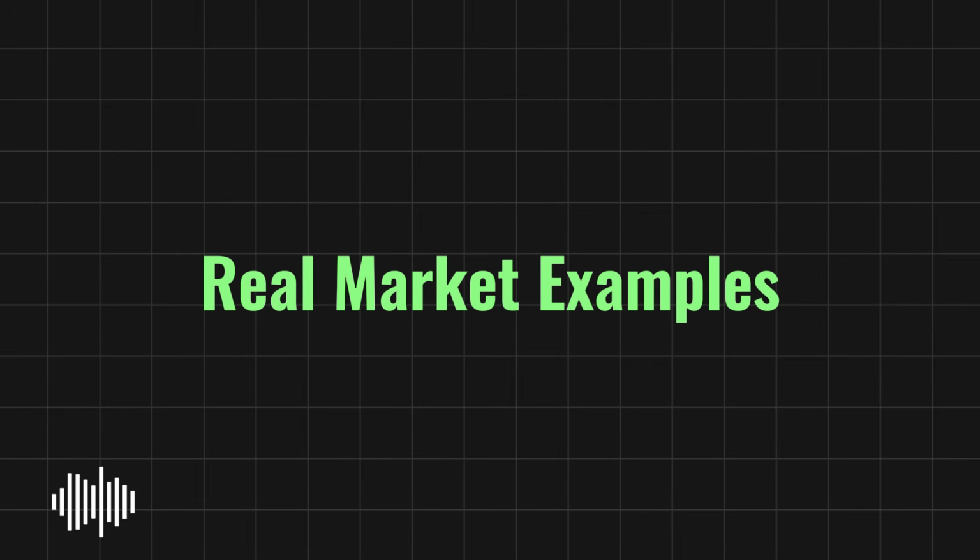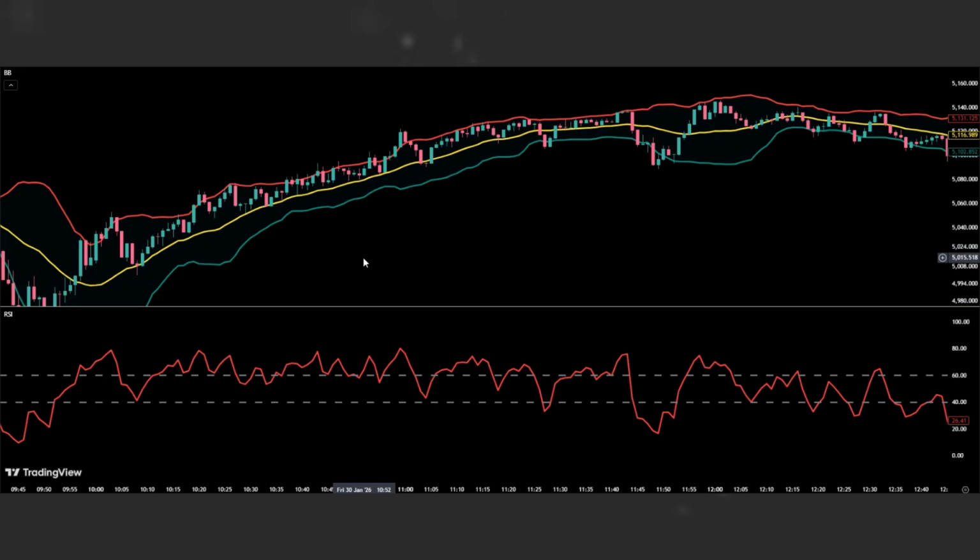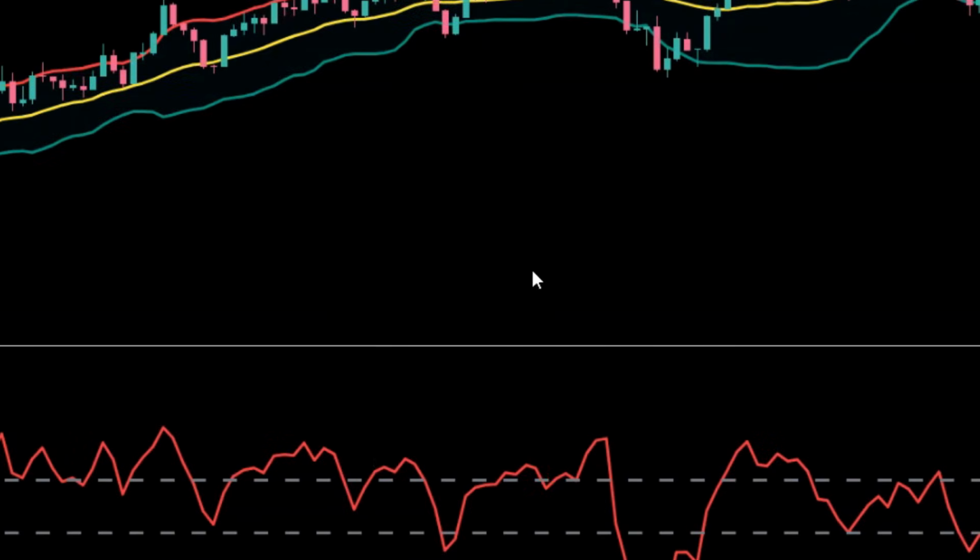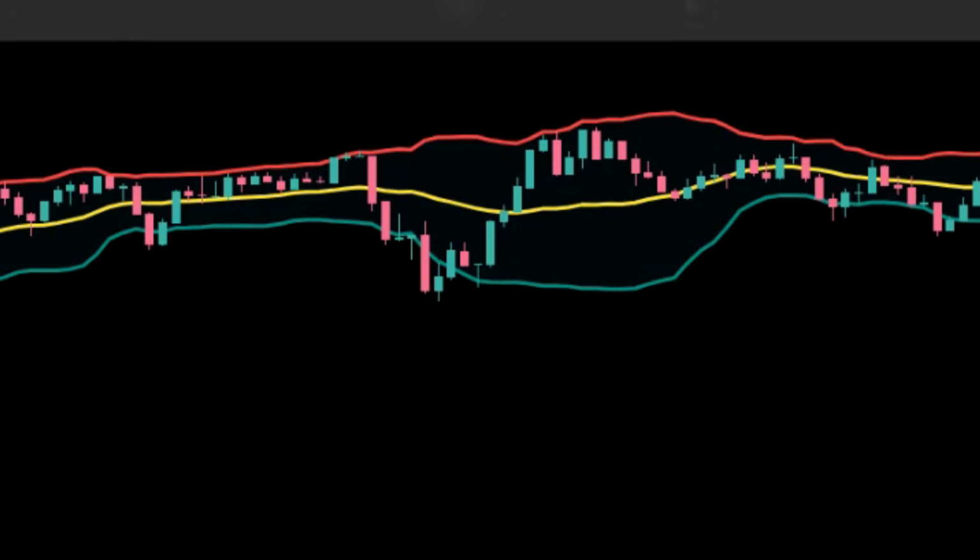Real market examples. Now let's look at a buy example. Here we have a gold chart on the 5-minute time frame. First, we check the RSI. RSI is above 60, which means the trend is bullish, so we only consider buy trades. Next, look at the Bollinger Bands. Notice how the price drops and touches the lower Bollinger Band. We don't enter yet.